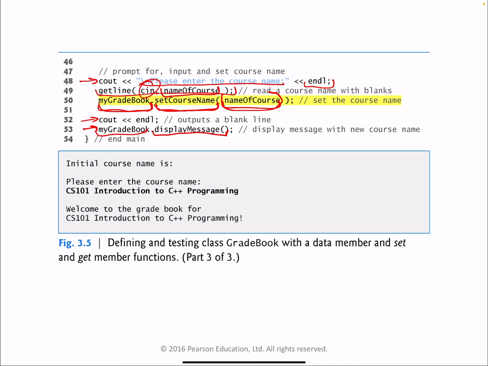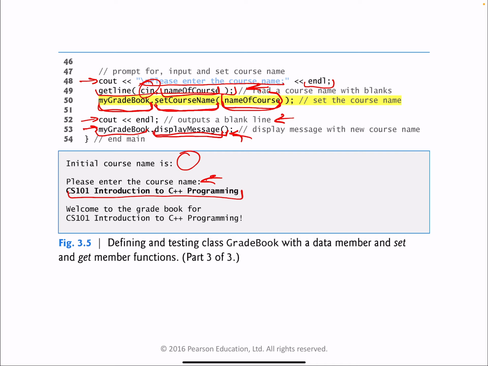And this is what the output is going to look like. So initially, nothing. Then we ask for the name of a course. This is what's happening here on getline. We type in this as input, CS 101, Introduction to C++ Programming. And we call cout new line, and we display the message returned by myGradebook.